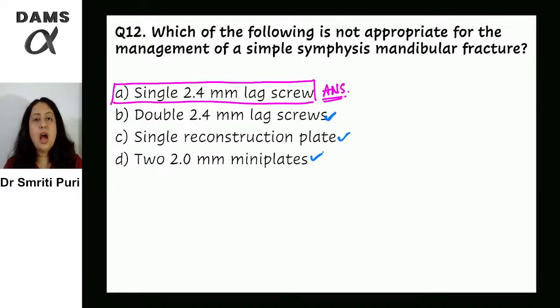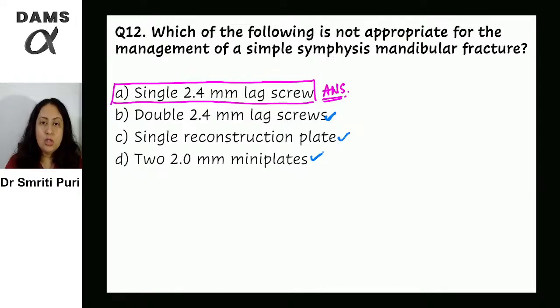It is a load bearing fixation device. So a single reconstruction plate is going to provide more stability than a single 2.4 mm lag screw, because in a lag screw we just put a screw across the fracture line, which engages both the segments.